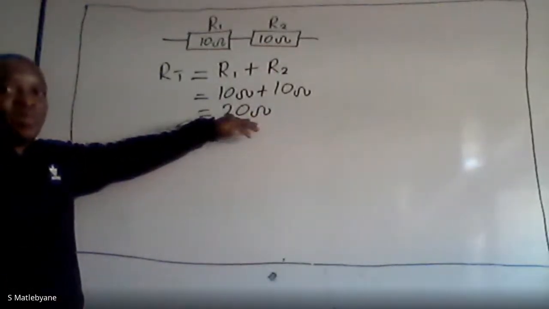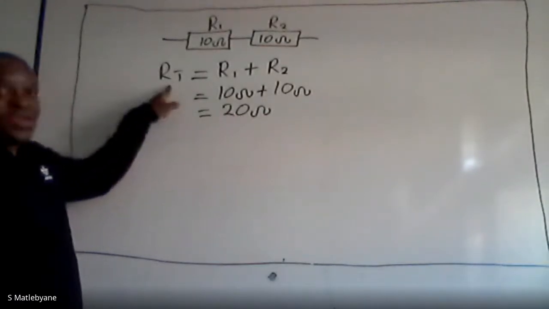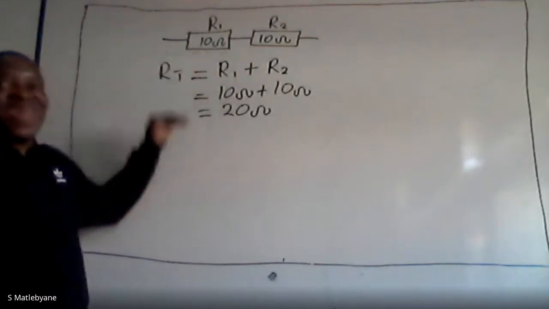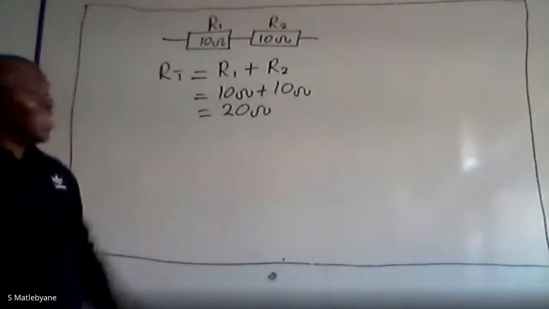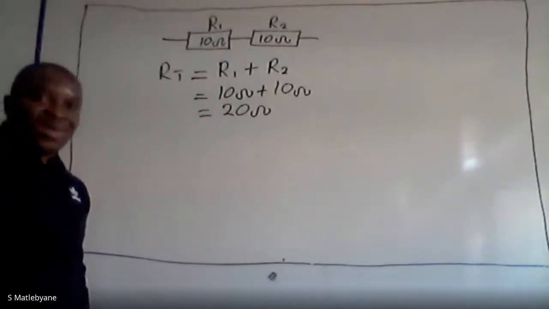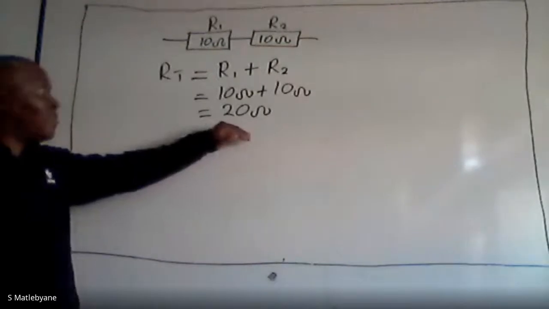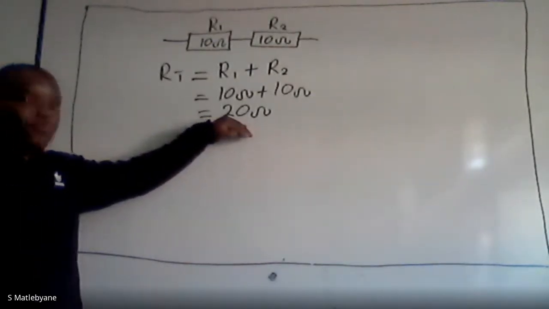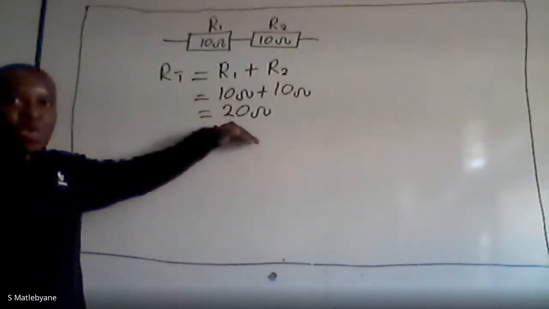When you add them together, what have we done? We have increased the resistance of the circuit. We have two resistors which are 10 ohms. The effect of that is that they have increased the resistance within that particular circuit. So our resistance is 20 ohms. So that one is very simple. We all understand it. I'm not even going to waste time on it.